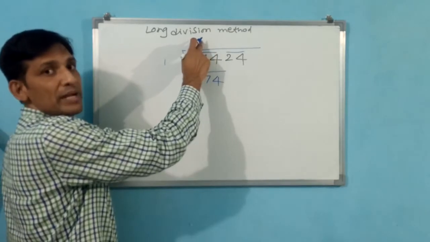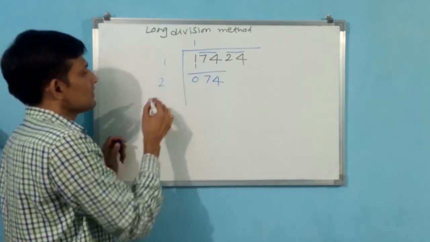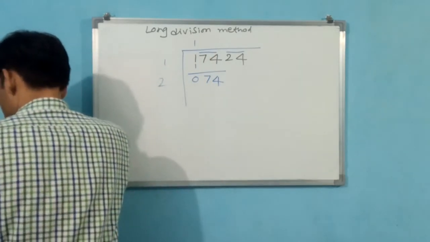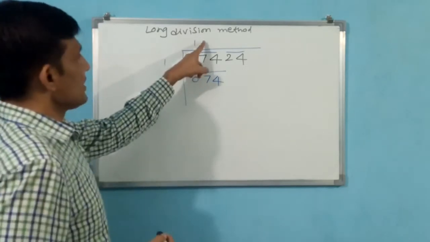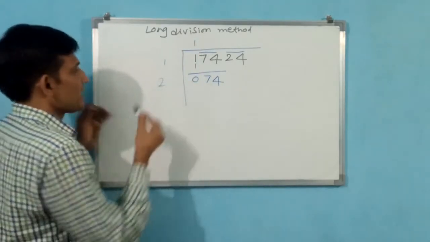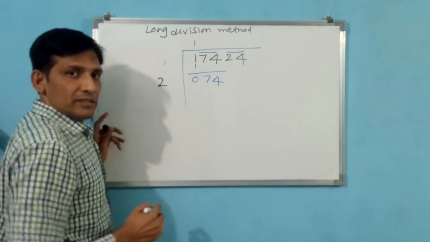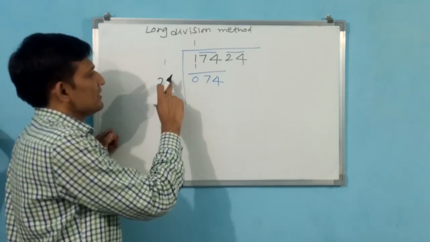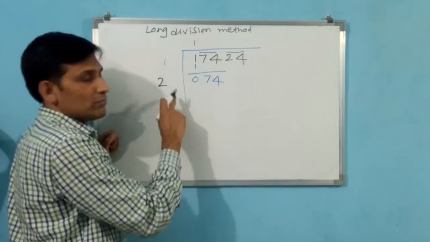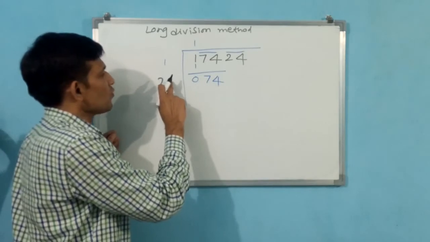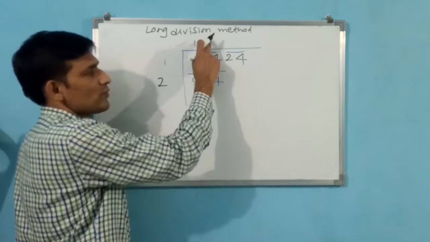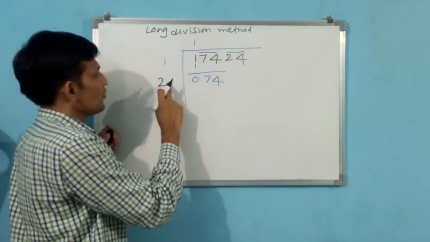This number has to be doubled. 1 into 2, 2. Doubling means multiply by 2. You write here 2. Now here, don't multiply 2. You have to multiply 21 into 1, 22 into 2, 23 into 3.